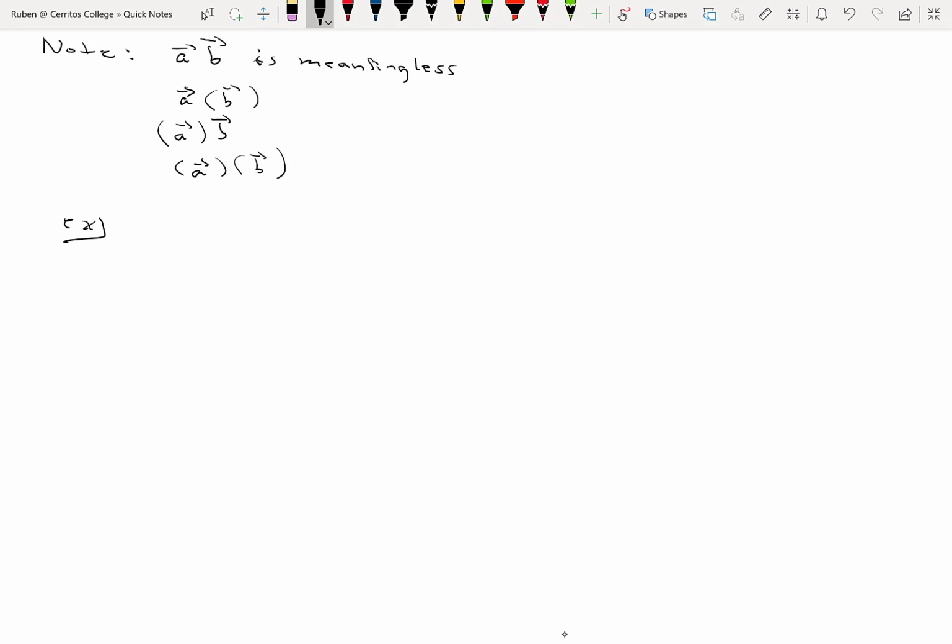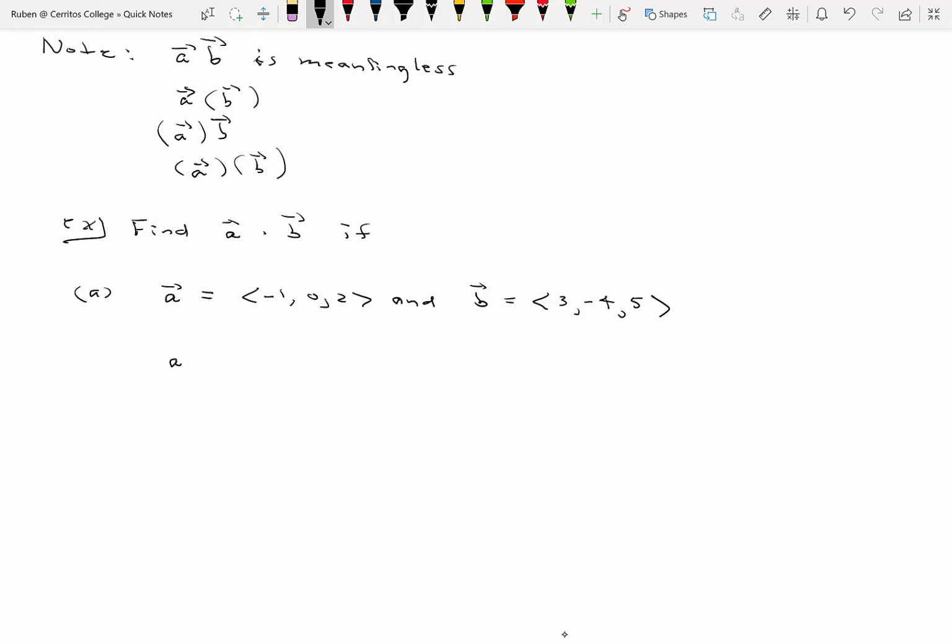So find A dot B, for example, if, let's say part A, A is the vector whose components are -1, 0, and 2, and B is the vector whose components are 3, -4, and 5. I just made those up just now.